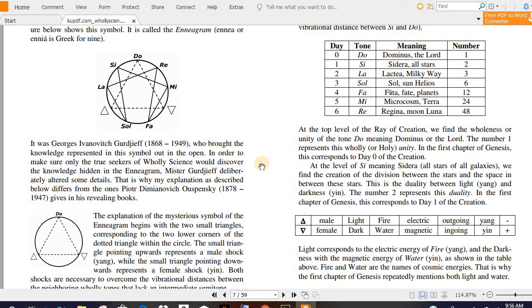Mr. Gurdjieff deliberately altered some details. That is why my explanation, as described below, differs from the ones Ouspensky gives in his revealing books.